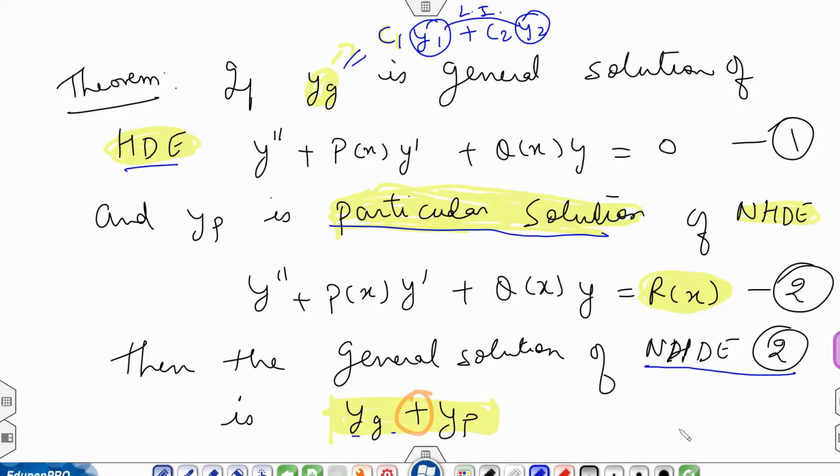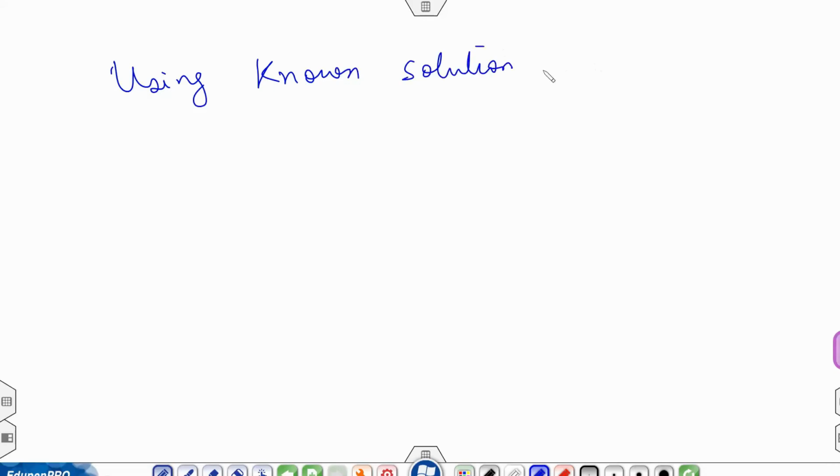So we will do everything one by one. First of all, let's see that if we know one solution, how can we find the other solution? So I'll write down the heading: using a known solution to find another unknown solution.